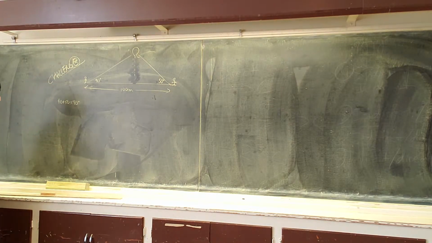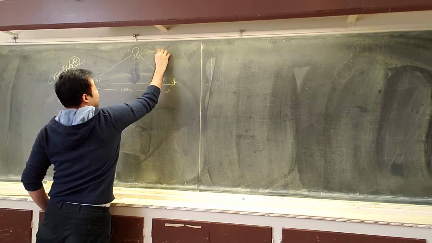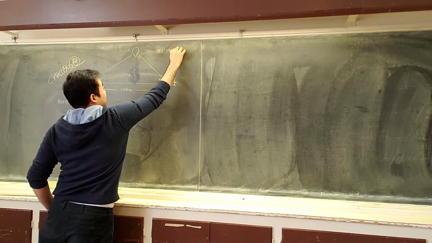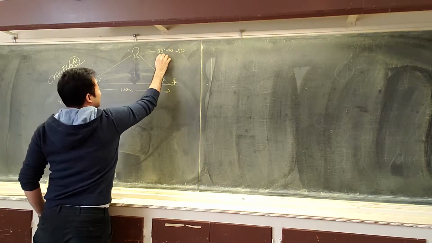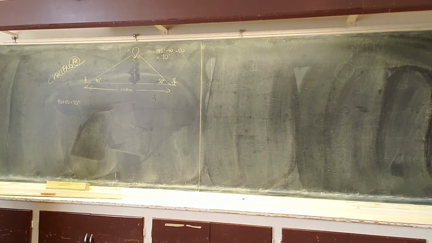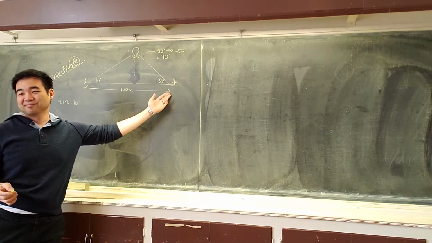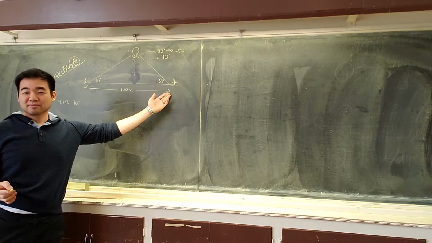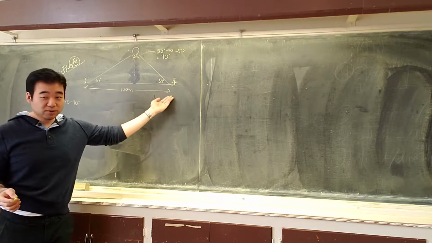And the three angles of a triangle must add to 180. Therefore, this one has to be 180 minus 40 minus 50, which is 90 degrees. All of a sudden, I have a 90-degree triangle, where this is the hypotenuse.